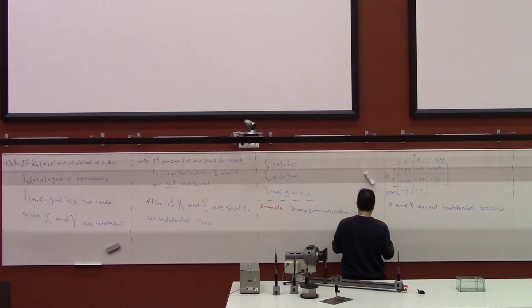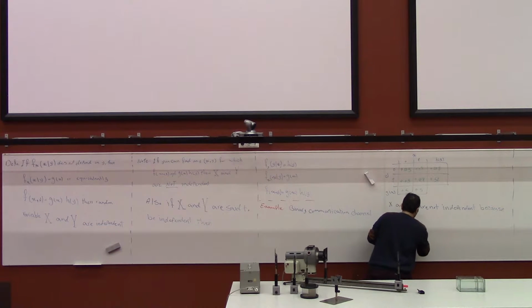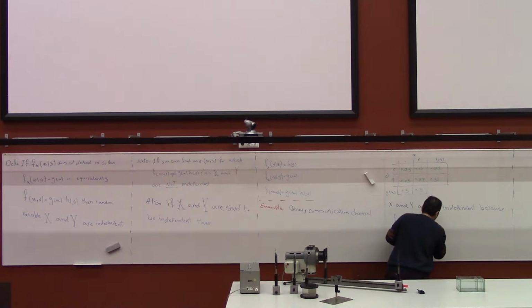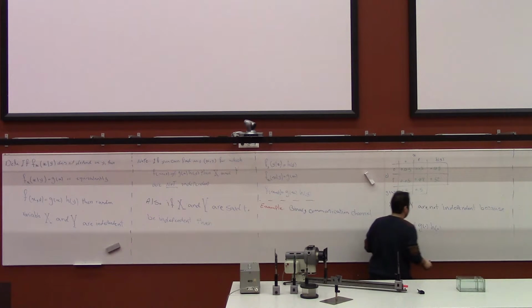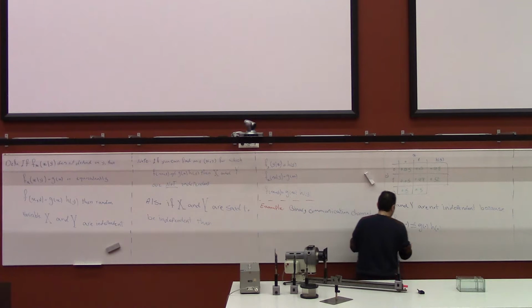But for example, here you can say f(0, 0) is not equal to g(0) multiplied by h(0).